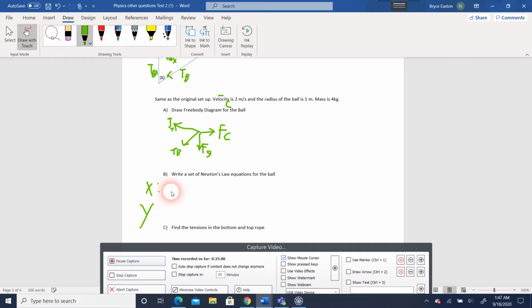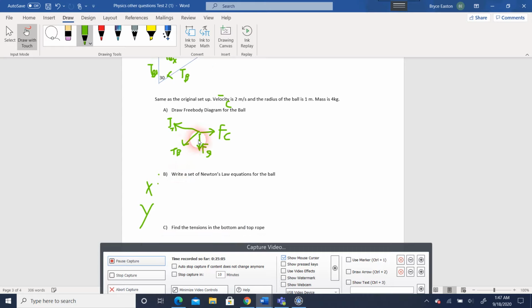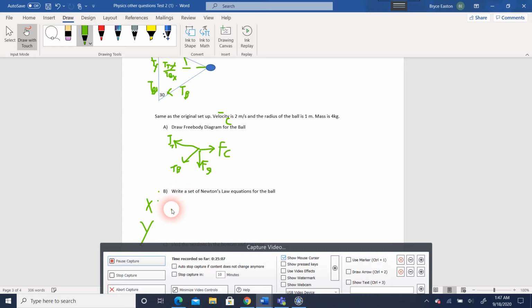What we have here is the tension of the top in the x direction pulling it this way, plus the tension in the bottom x also pulling it that way. I like to say that all forces pulling to the left equal all forces pulling to the right, equal to Fc.